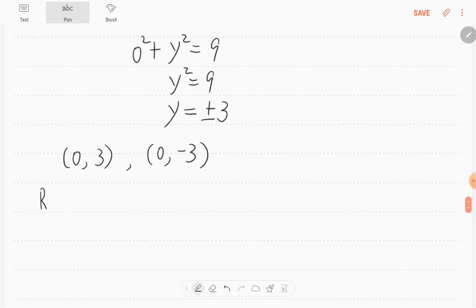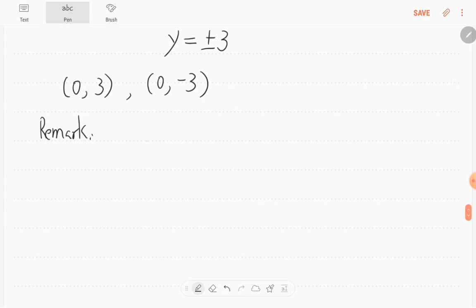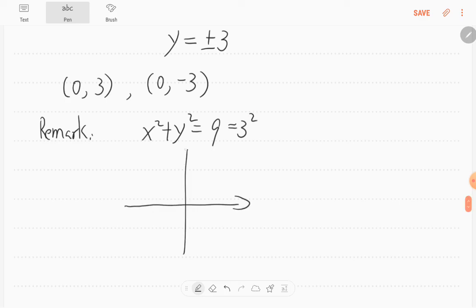So now let's look at why this is true, a remark for this problem. Because we know x squared plus y squared equals 9, which is 3 squared. So this is a circle with radius 3, right? With radius 3, negative 3. So here is 3, here is negative 3.